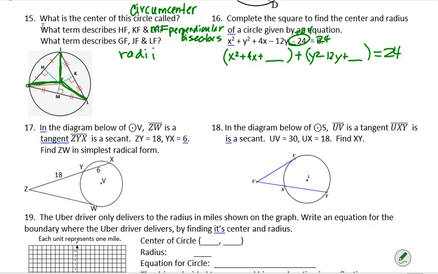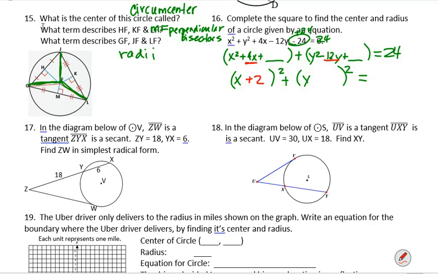So what we're going to do to find what goes in our parentheses down here, because we're going to write the equation of a circle here, is we're going to put an x here and we're going to put a y here. Well, what we're going to do to find that is we're going to take half of this, 4, and that would give us plus 2 here. And then over here, same thing.